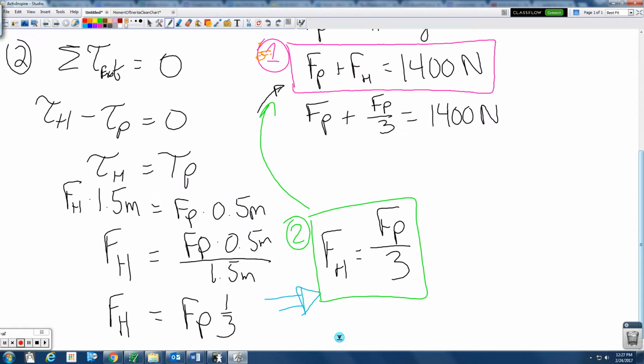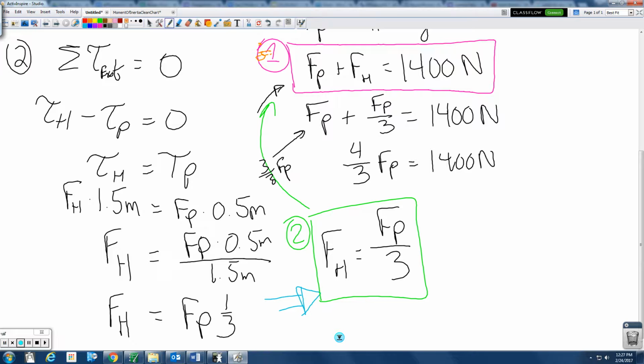So we can get a number for that now. The force of Paul plus 1/3 the force of Paul is going to give us 4/3, right? Because 3/3 is like saying 3/3 the force of Paul, and I have 1/3 the force of Paul. I add them together, I get 4/3 Fp equals 1400 newtons.